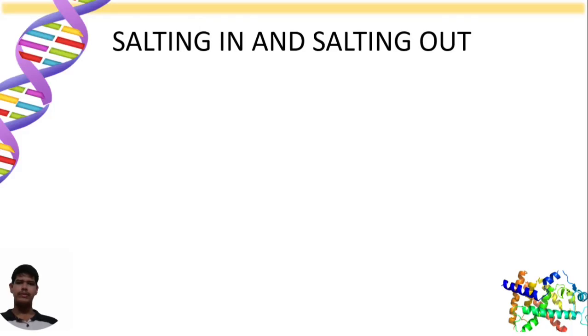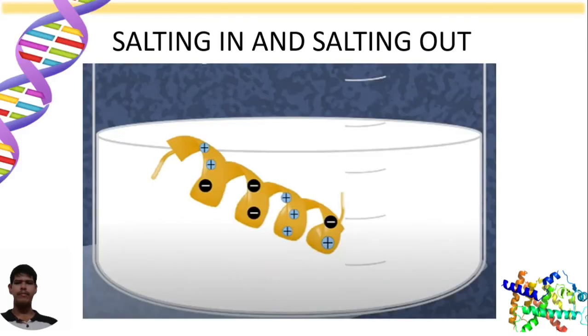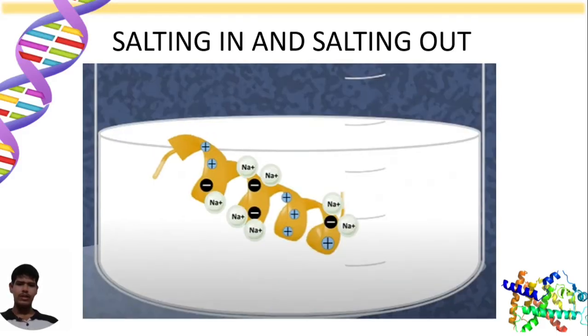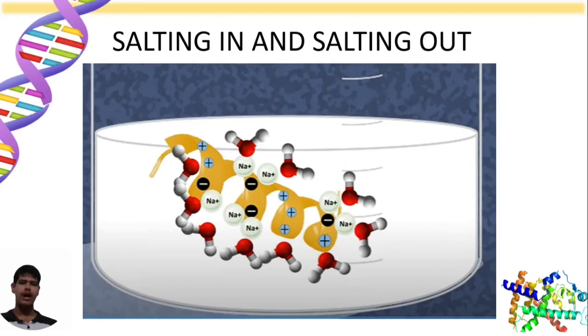The main concept behind protein precipitation and solubility is salting in and salting out. When a mild concentration of salt is used, the salt ions react with the proteins and the H2O adheres on the proteins, increasing the solubility. Thus, salting in is used for protein solubilization, while in salting out, a high concentration of salt ion is used.